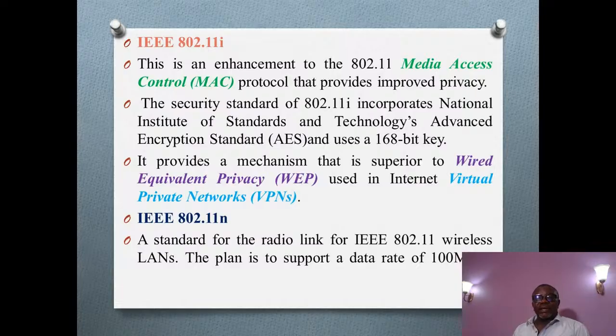It provides a mechanism that is superior to the wired equivalent privacy. So when you are talking of privacy in your Wi-Fi, you start thinking of the 802.11i standard. Also, you have the 802.11n and so on.